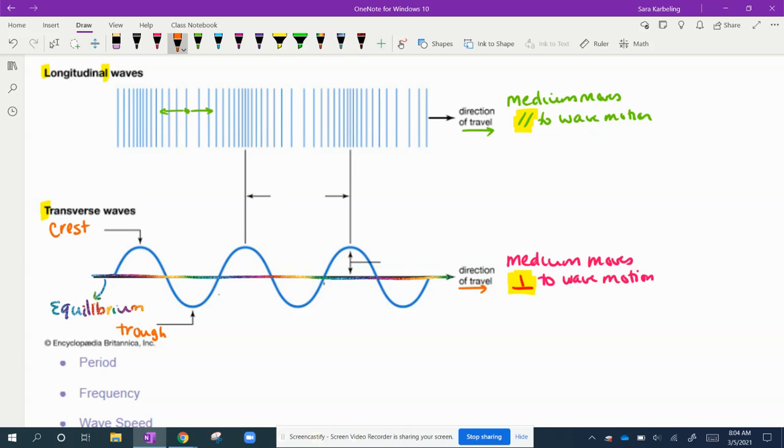For a longitudinal wave, the equilibrium is where the medium would be at rest if there was no wave going through it. But they do have some specific elements in them as well. There are places like this where the medium is squished together, and those are called compressions.